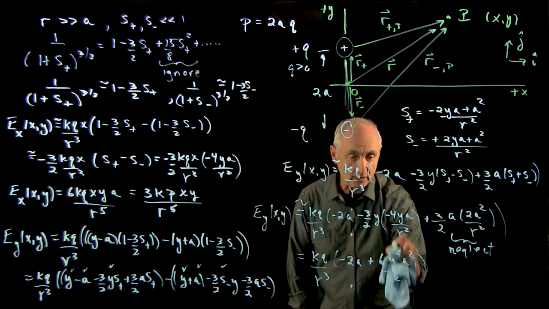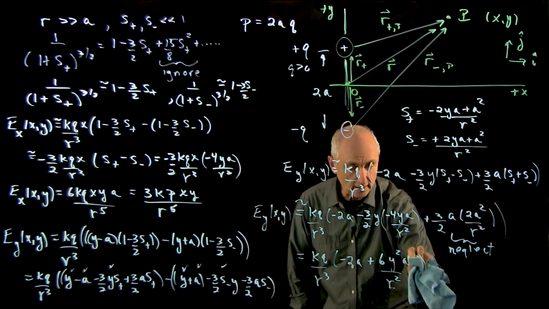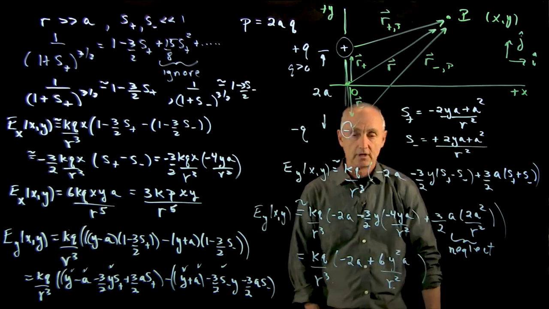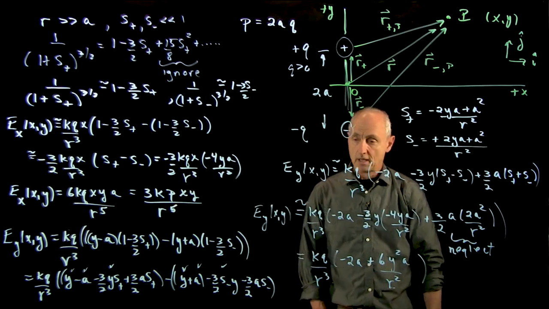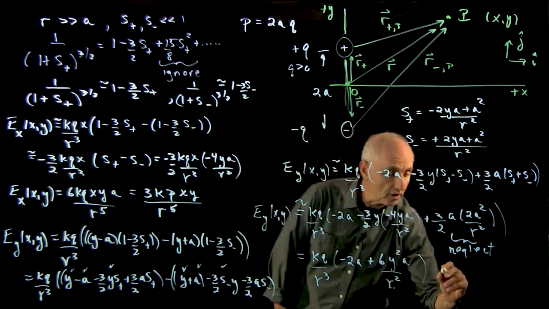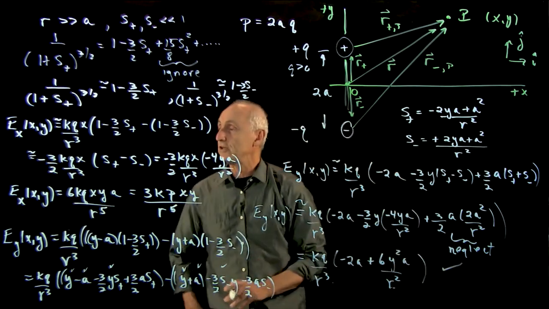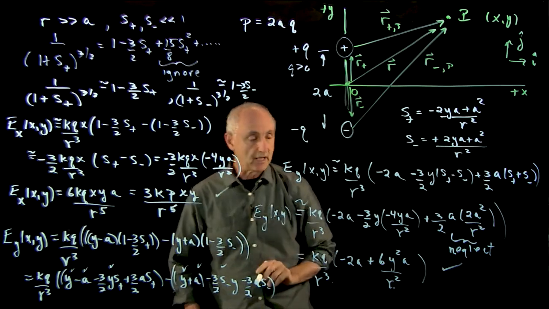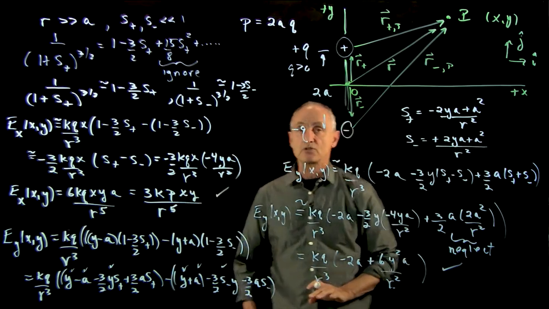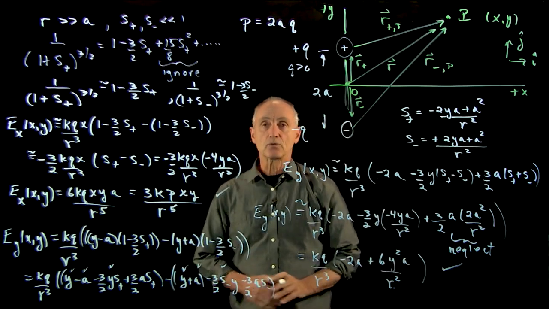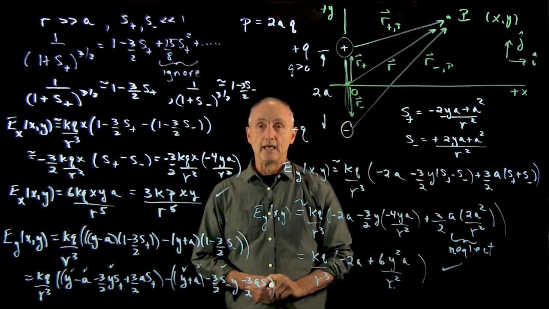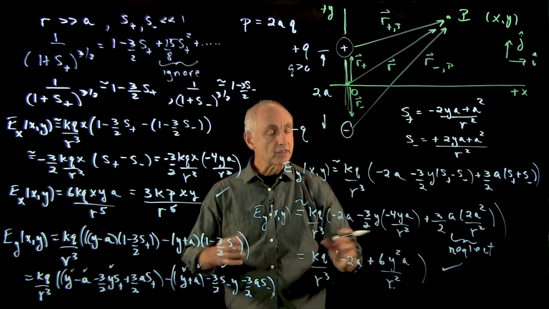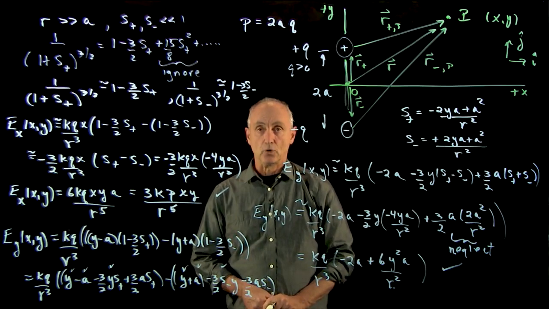This can't be right. And notice that I missed my factor. I added an extra a there. And so there's the result for the electric field, and there is the x component and the y component. These expressions are complicated, and next we'll look at how to think about those in a different coordinate system.